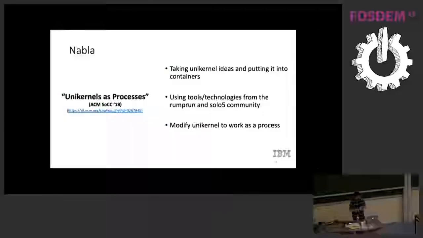I mentioned unikernels already. All this is based on things from Rumprun and Solo5, which are from the unikernel community. There is a talk on this in the microkernel track. If you can go back in time an hour and go to the microkernel track, it's there. If not, we have a paper on this. The main gist is that we take the unikernels, and we had this Solo5 interface, which looked kind of like a VM interface.